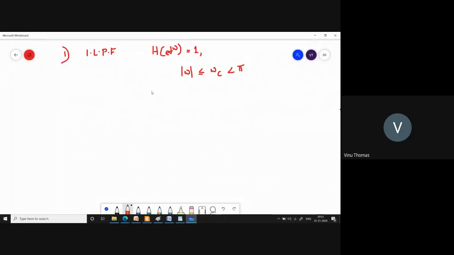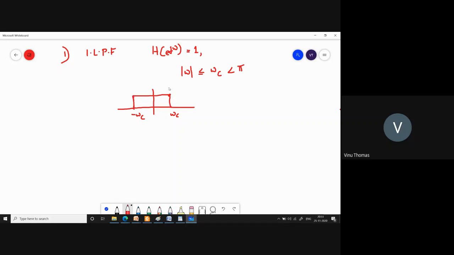So it means that you have this is omega c, this is minus omega c. When mod omega is less than or equal to omega c, you are looking at this range of frequencies, and the value is equal to 1.